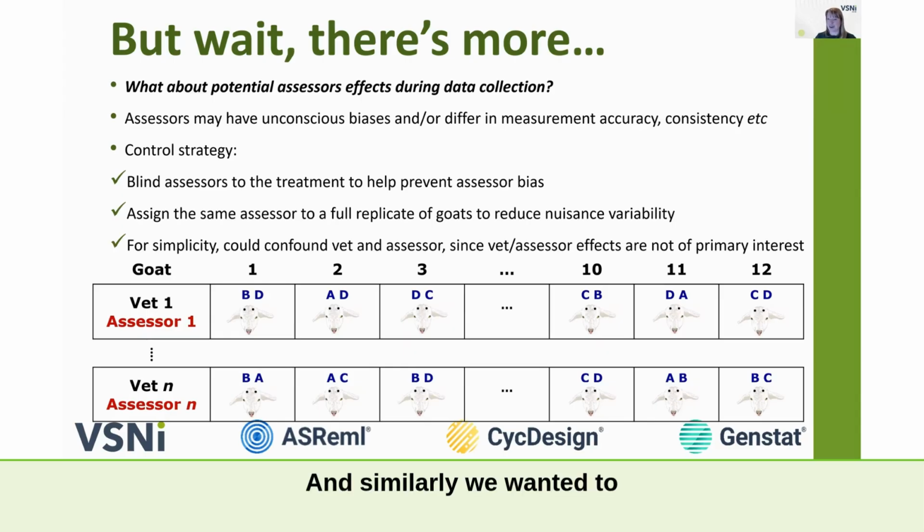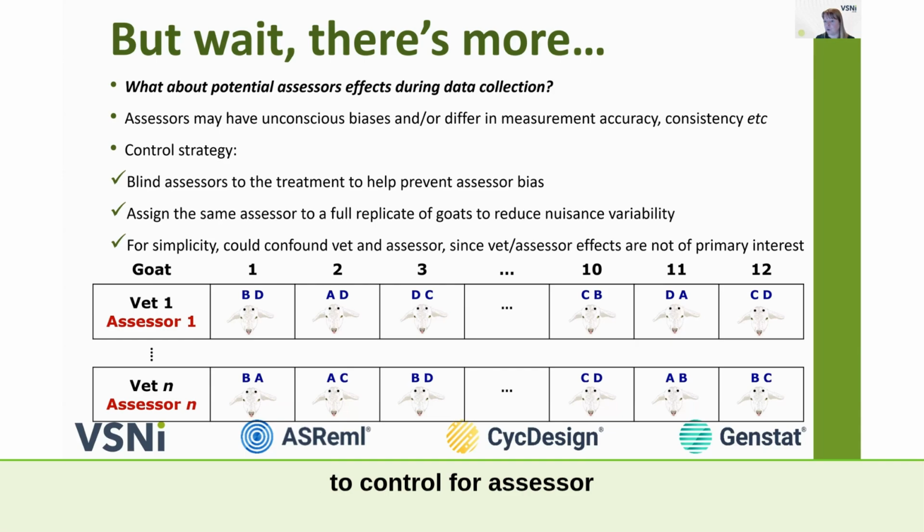And similarly, we wanted to control for potential assessor effects during data collection. So for example, assessors may have unconscious biases or differ in their measurement accuracy. So to help prevent assessor bias, we blinded our assessors to the treatments.